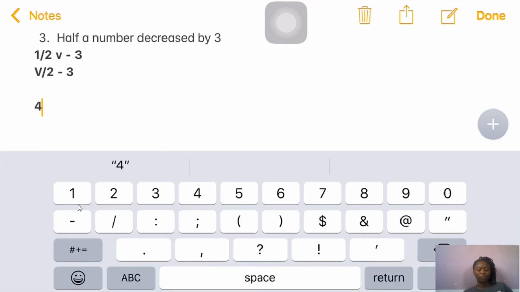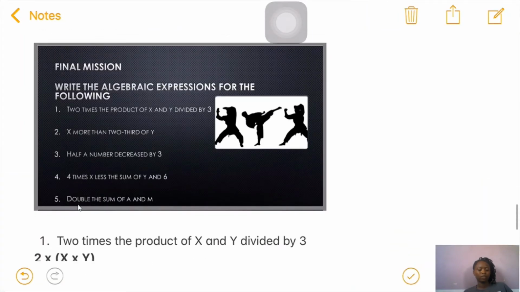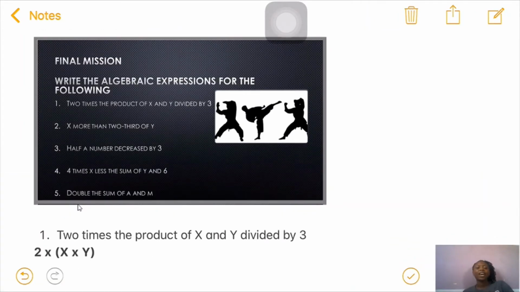Okay. So the fourth one says 4 times x less the sum of y and 6.